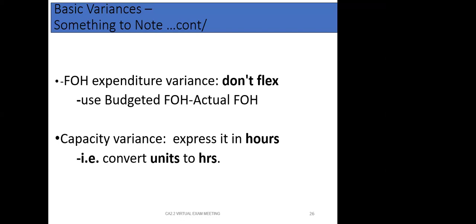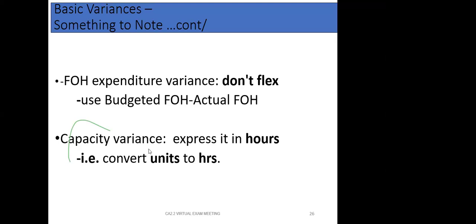By flexing, we mean don't say what the budgeted fixed overhead should have cost or should have been. No, you take the budgeted fixed overhead from the question, then compare it with the actual fixed overhead. The difference is the fixed overhead expenditure variance.